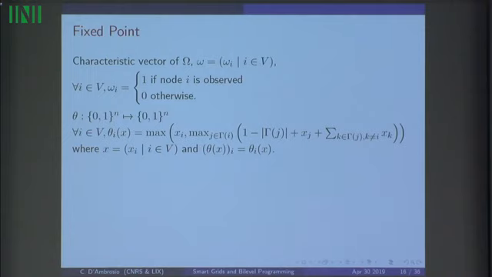Okay, so we look at any of the neighbors of i, and we have 1 minus the cardinality of the neighbors of j, plus the fact that the node j is observed or not, plus the fact that all the neighbors but i are observed or not, will give us 1 only if j is observed and all the neighbors of j are observed besides i.